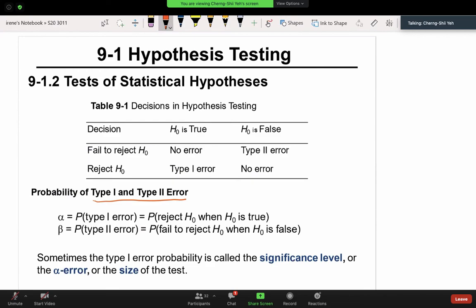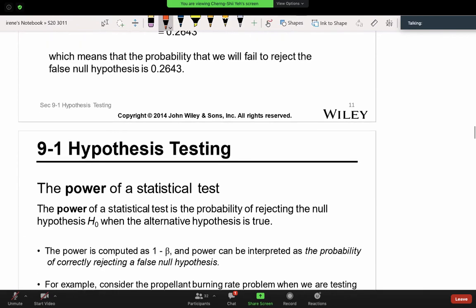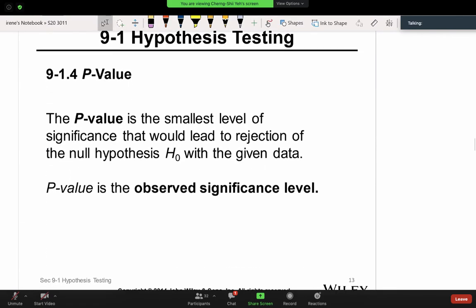So let's learn how to perform a hypothesis testing properly, and then we'll come back and tell you what happens when the sample you've collected leads to the incorrect conclusion. This is going to be 2 weeks later. Type 1, type 2, power, it's all week 3. We've talked about p-value, so we will show you how to use p-value to draw conclusions, and also compare test statistic to critical values.